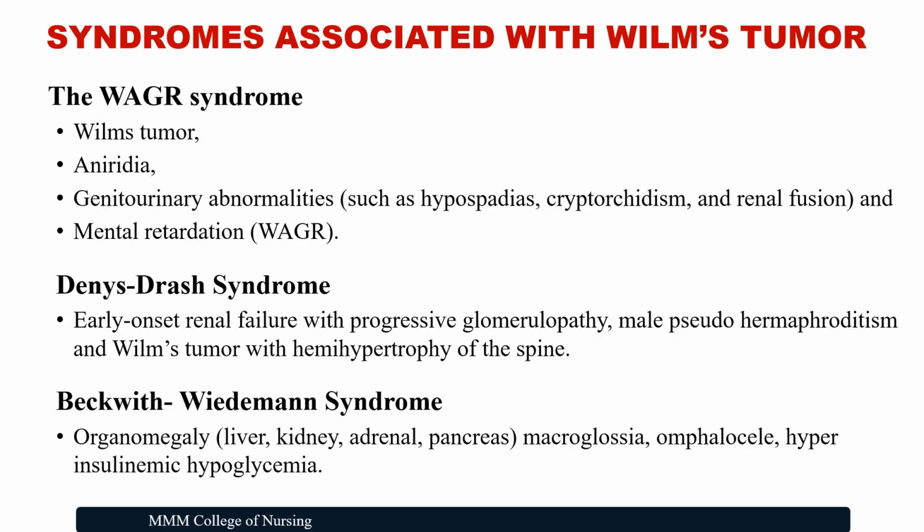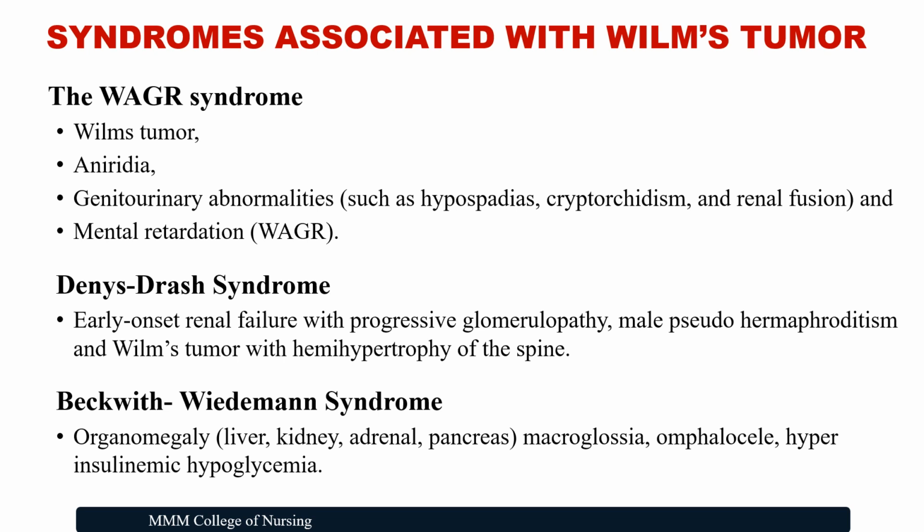Next, we can see the syndromes associated with Wilms tumor. The WAGR syndrome: W stands for Wilms tumor, A stands for aniridia, G stands for genitourinary abnormalities, conditions such as hypospadias, cryptorchidism and renal fusion, and R stands for mental retardation.